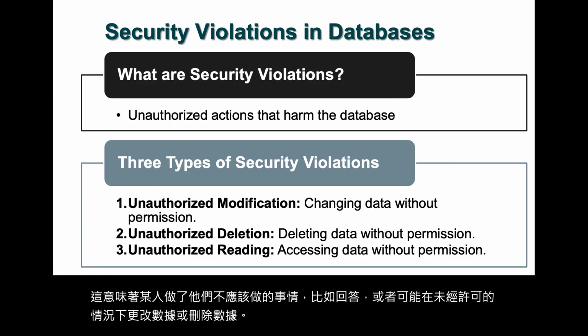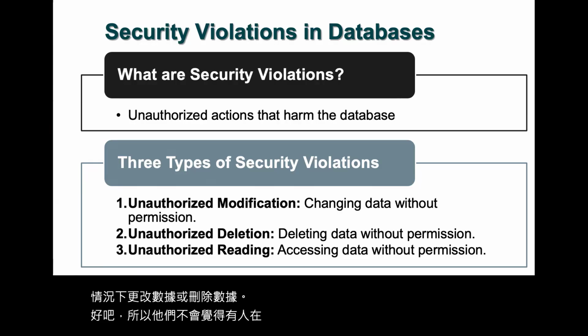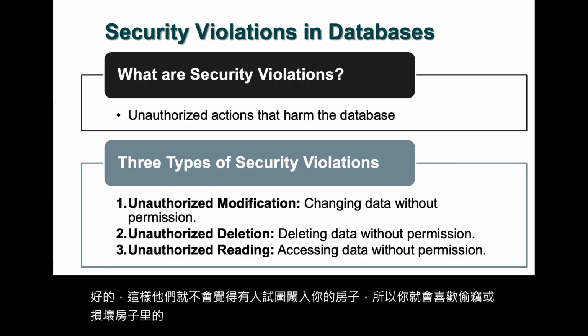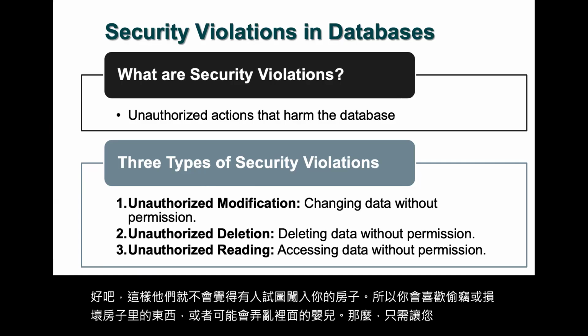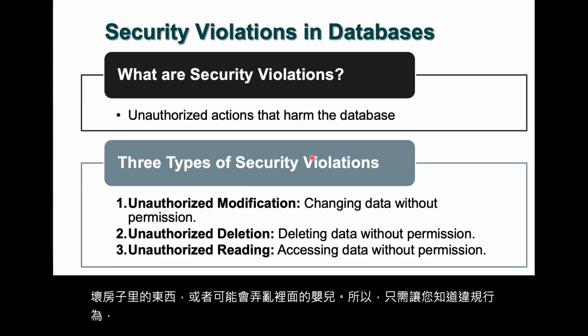Okay, so think of it like someone tries to break into your house. So they will do things like stealing or damaging what is inside the house, or maybe messing with the things inside. So this is the violation. Okay? And there are three types of this security violation.